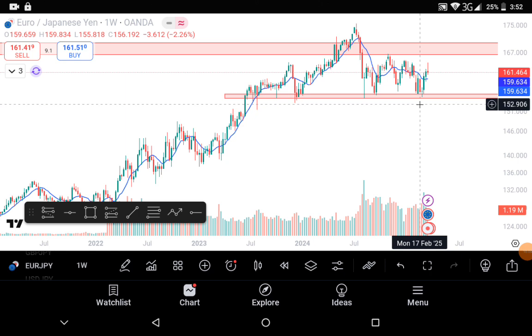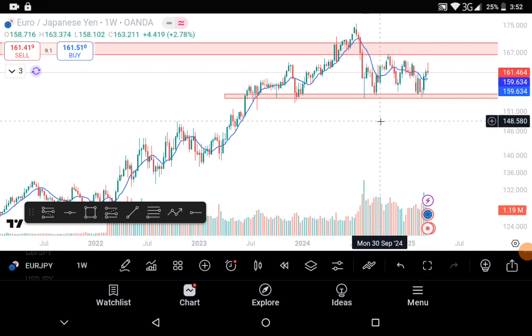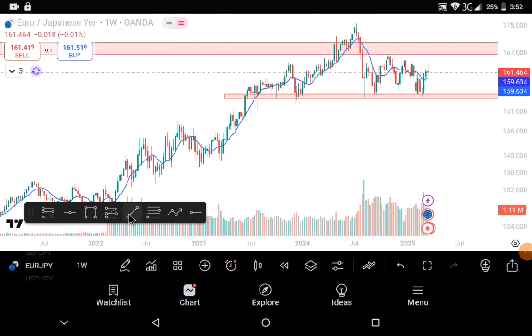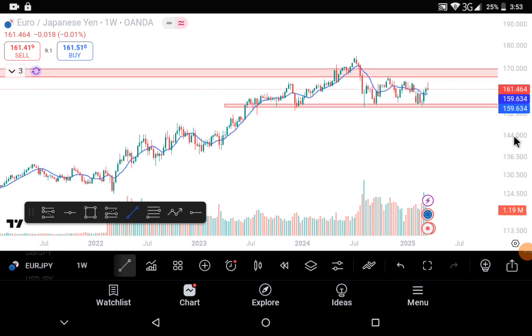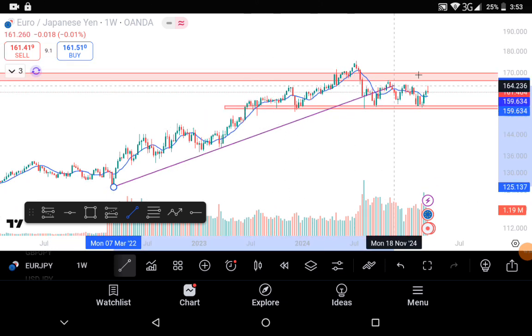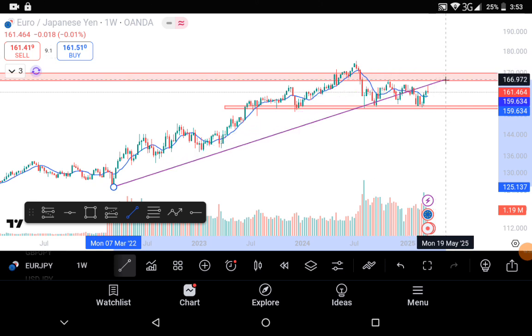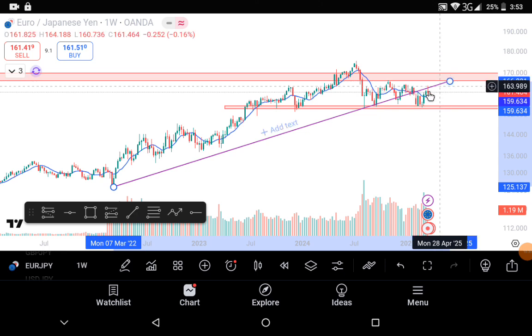So now, what can I clearly see in this market? If you look at this, you can also see that this is a trend line break, and it looks like price is retesting this trend line from here. So it's more like a break and retest.